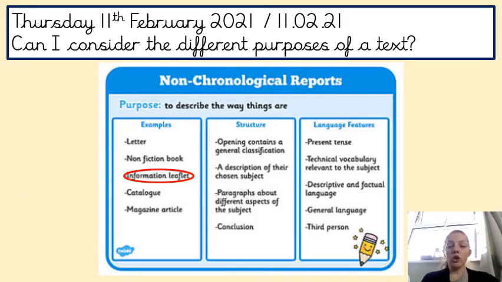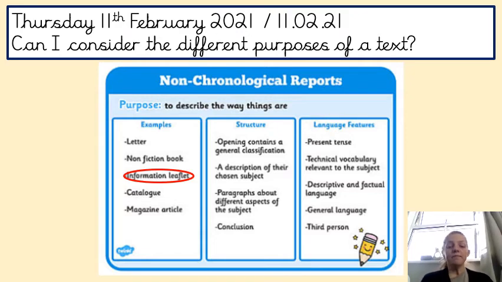So a report or a non-chronological report is to describe the way that things are. So the report that we would be looking at in this case would be an information leaflet, okay? Because it's a report about owning a pet, isn't it? So it's going to contain a lot of information to inform people about how to look after a pet, okay?